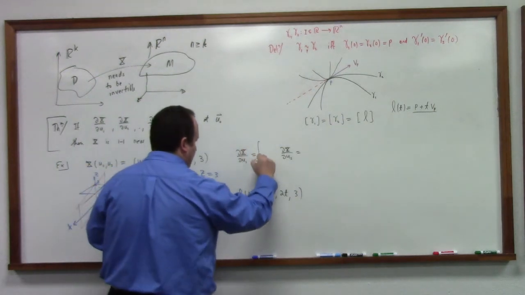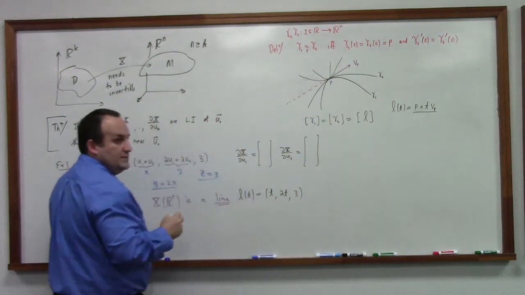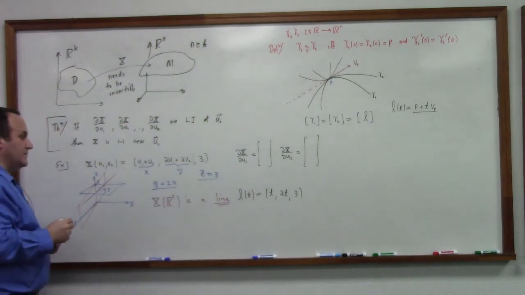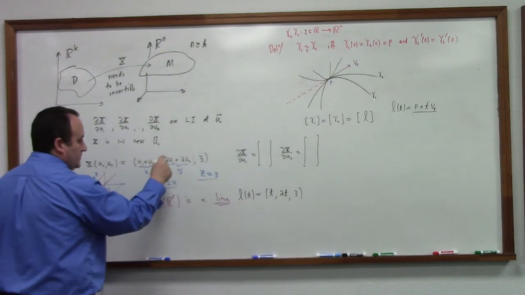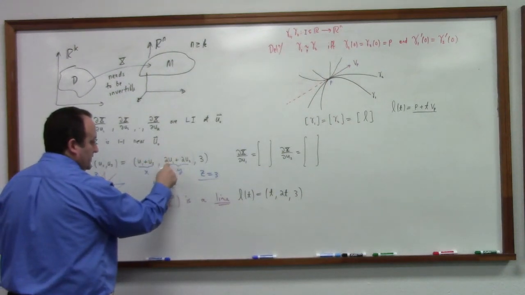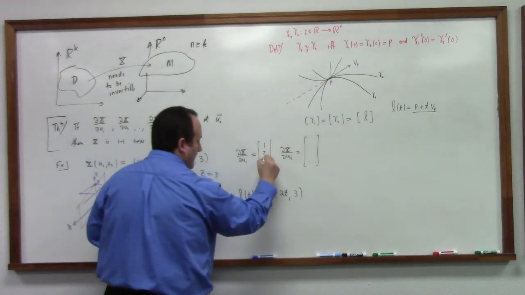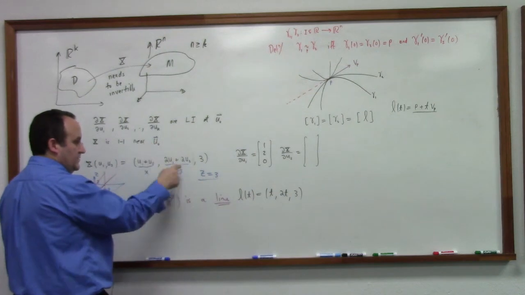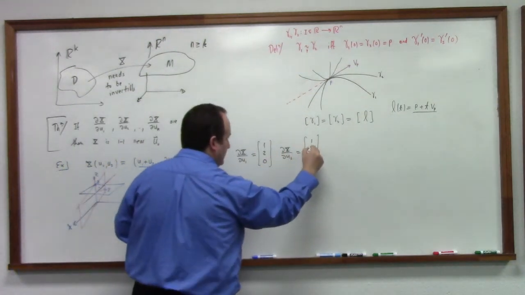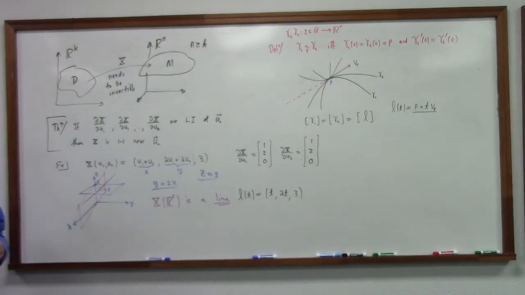Just to be clear, these are 3-component vectors, because of my sneaky notation. 1, 2, 0. And partial u2? 1, 2, 0. Are these linearly independent? Definitely not.